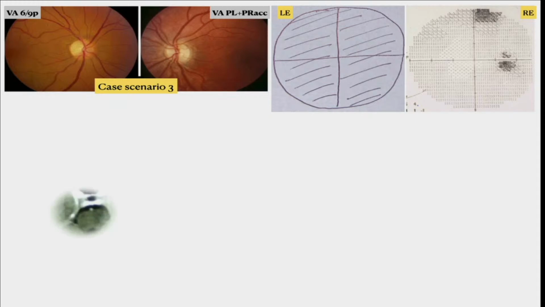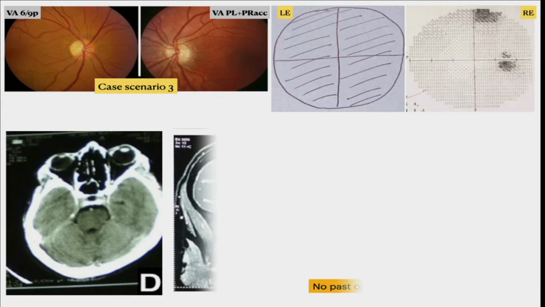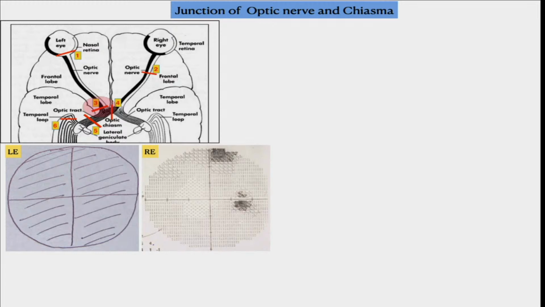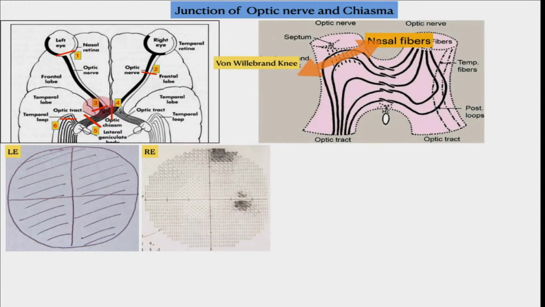But actually this was a scotoma which was caused because of the prechiasmal compression. Just at the junction of the optic nerve and the chiasma, you had a lesion which was compressing one of the optic nerves, and it can be better seen if I just show you this.